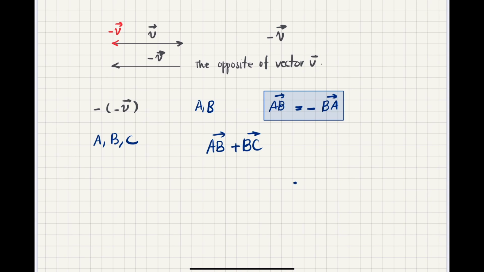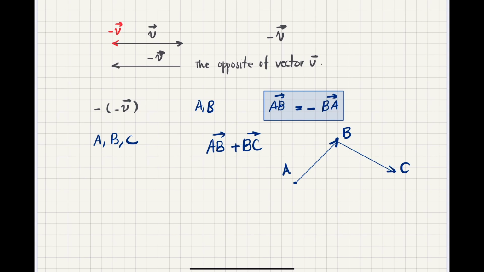So let me just draw. I have 3 points, and I don't know in which order they are. One of them is called A, the other B, the other C. Vector AB is this vector, and then vector BC is this vector.